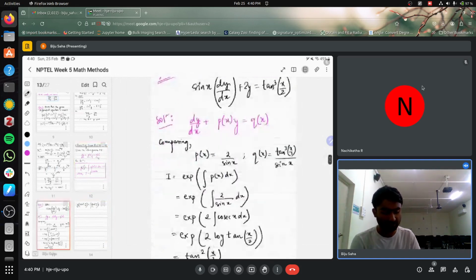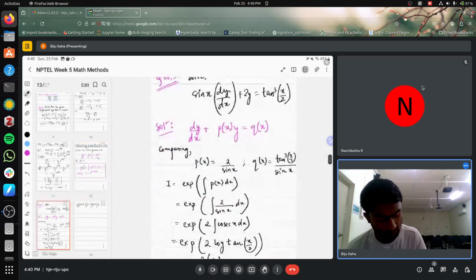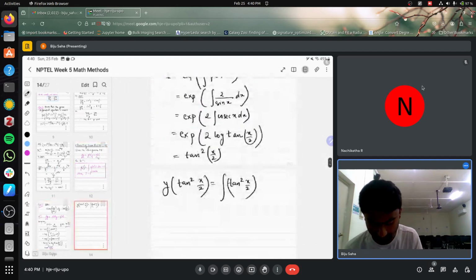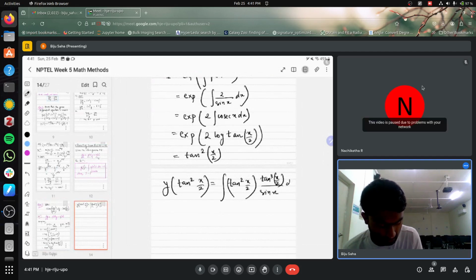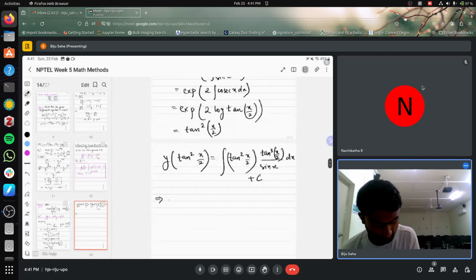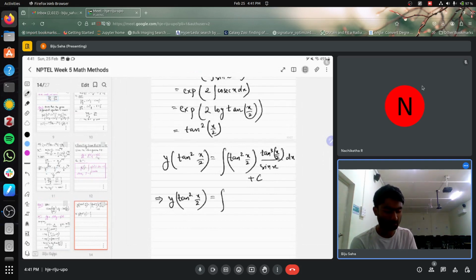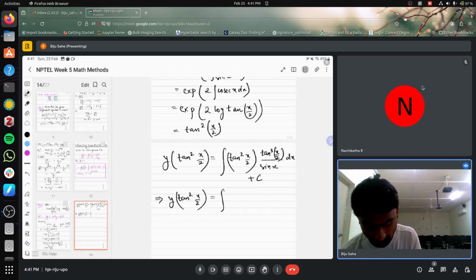In this case my Q(x) is equal to tan cubed x by 2 by sine x, plus c. You can actually replace sine x with 2 sine x by 2 cos x by 2.